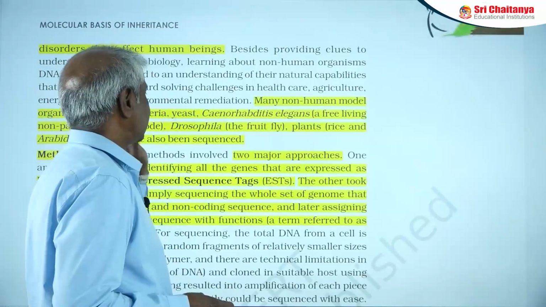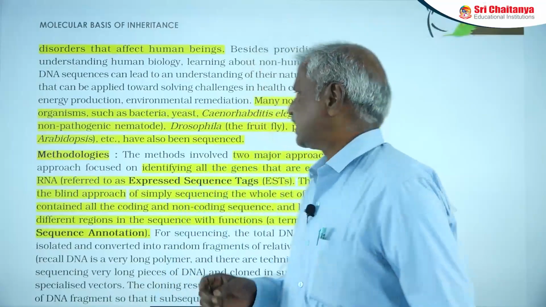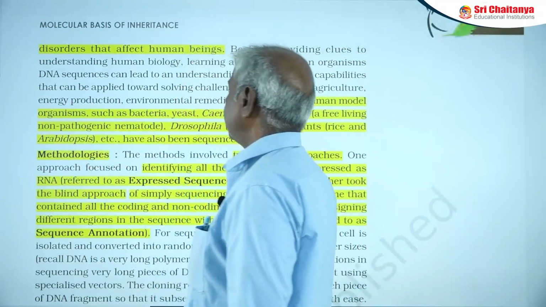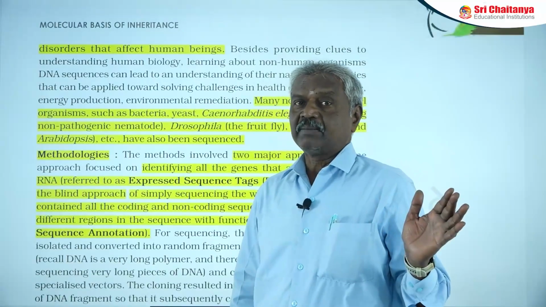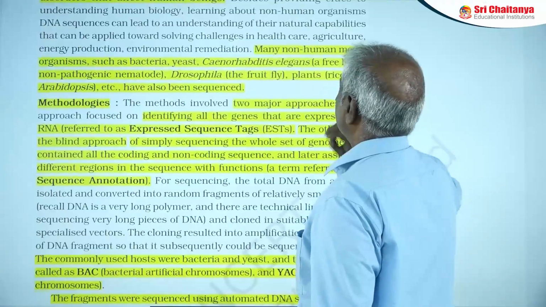Then Caenorhabditis elegans, the most important point: it is a free-living non-pathogenic nematode. It comes under Aschelminthes, and Caenorhabditis elegans is also mentioned here.